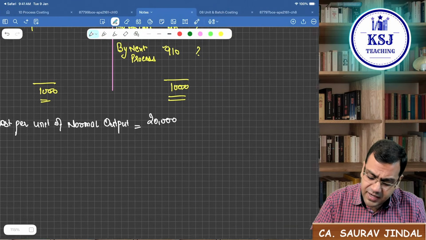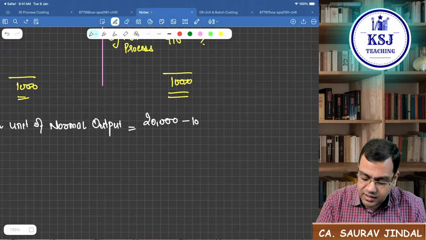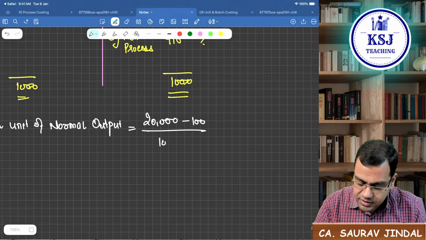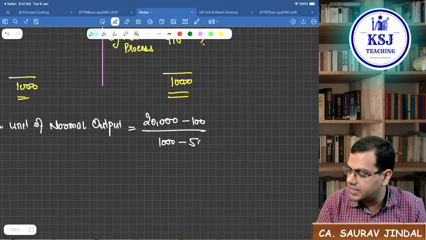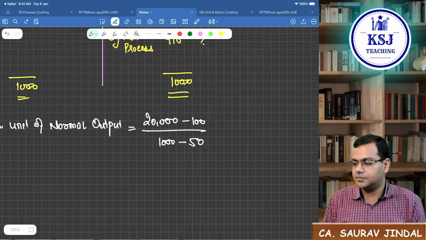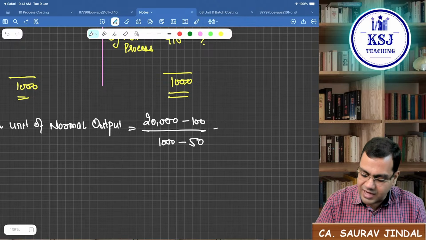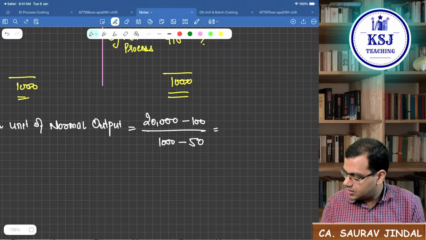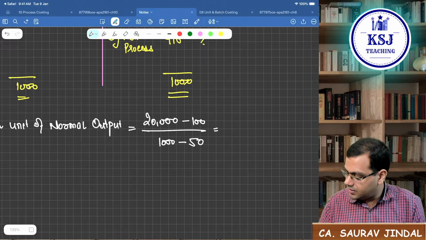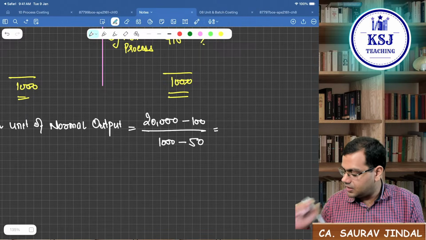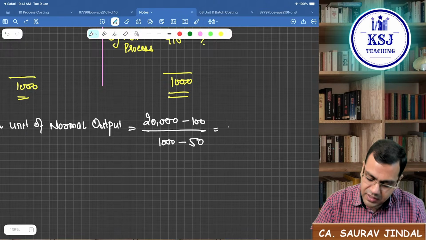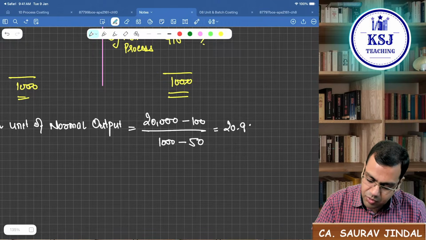Out of that, 100 rupees I will recover as scrap for the normal loss, divided by input of 1,000 minus normal loss units, that is 50. Right? So you will calculate one rate here. This rate will be 20,000 minus 100, 19,900 divided by 950. That comes to 20.95.